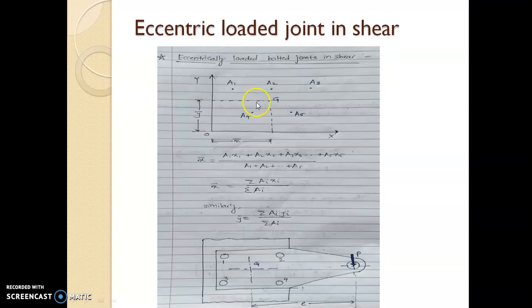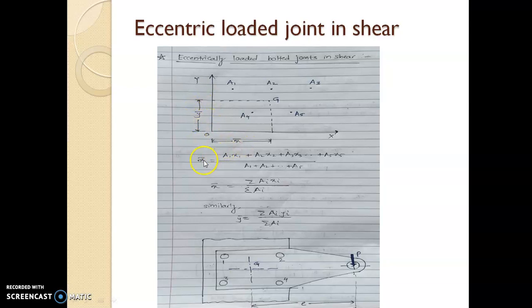This centroid is away from the origin. In the x coordinate, it is away from the origin by a distance x bar, and in the y coordinate by a distance y bar.